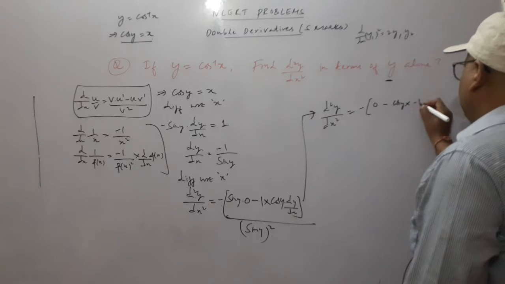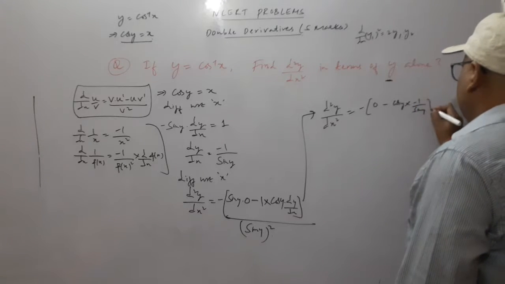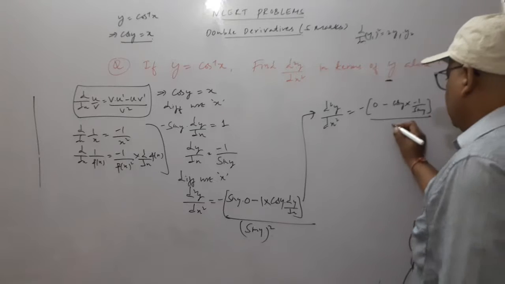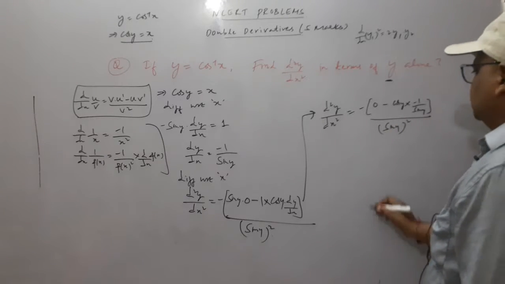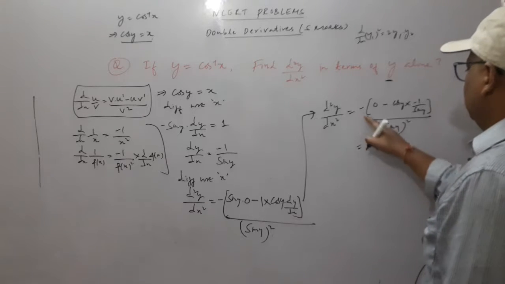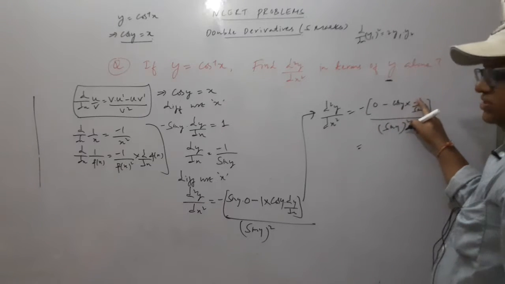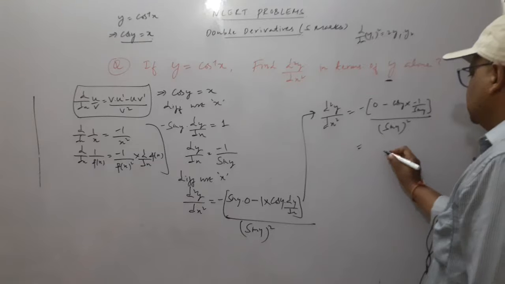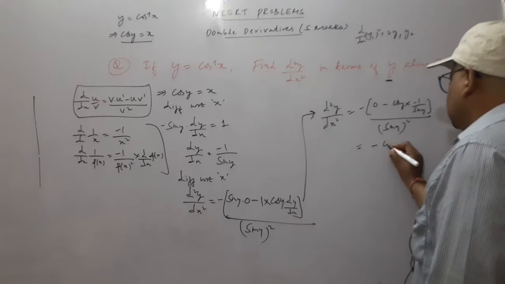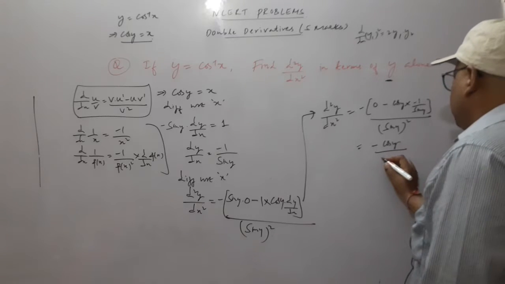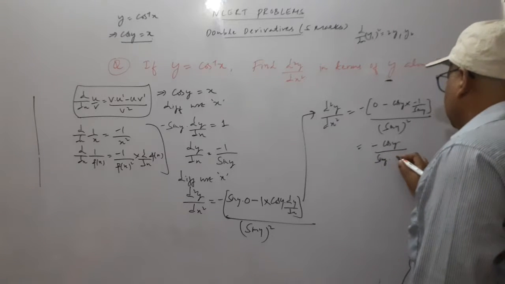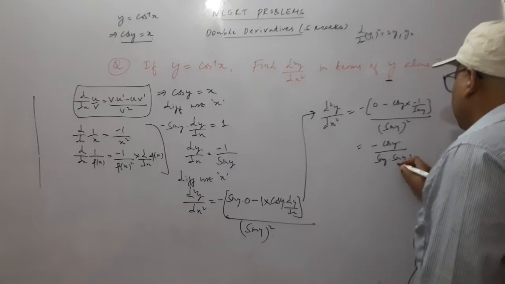So, into minus 1 by sin y whole divided by sin y the whole square. Now if you just observe, minus into minus plus, plus into minus minus. So, I am going to get minus cos y divided by sin y into sin y the whole square.